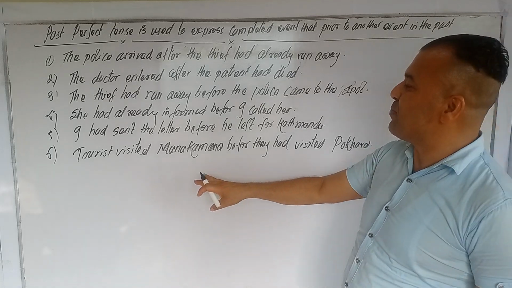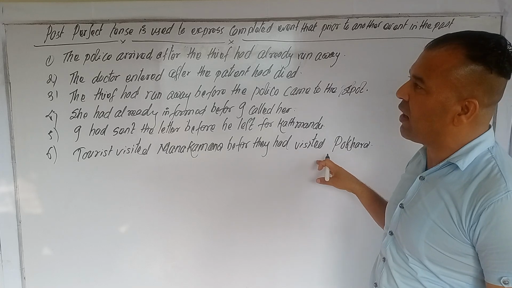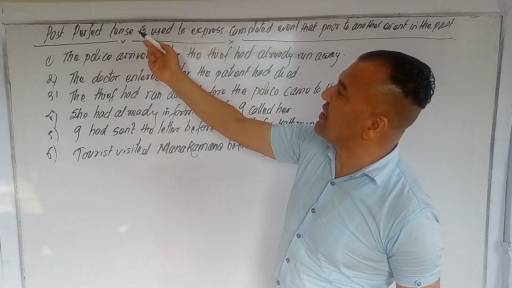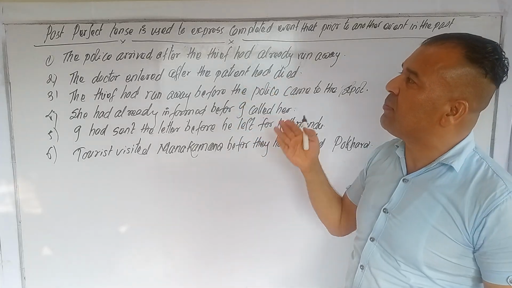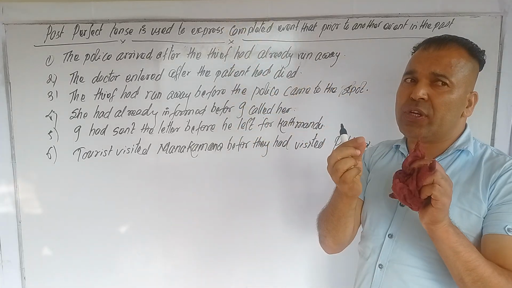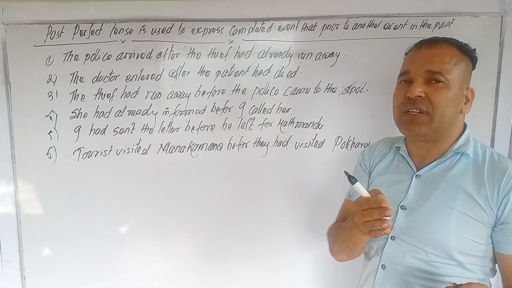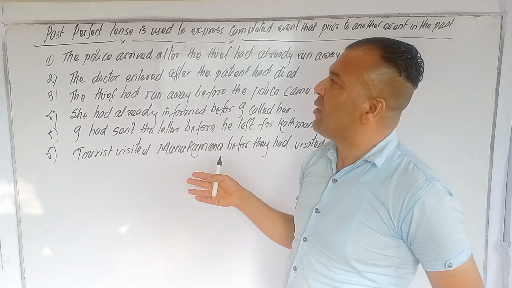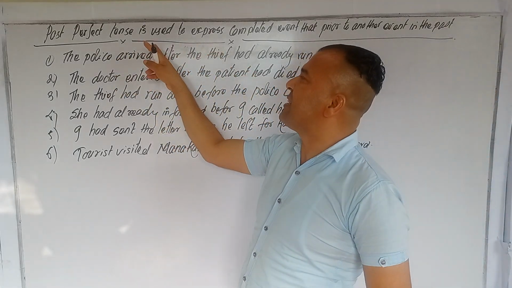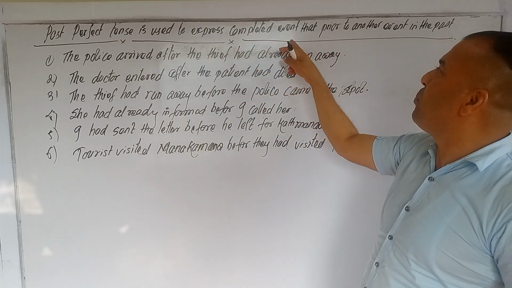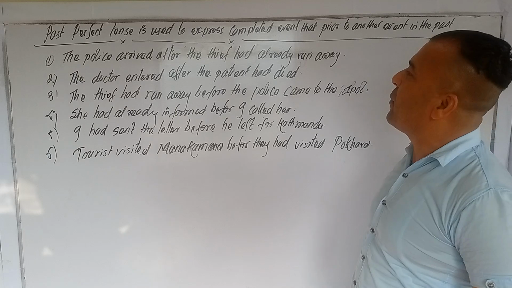Understand? Tourists visited Mugling before they had visited Pokhara. Past perfect tense is used to express a completed event, a little bit different. These two events, one event prior to another. The past, but a little bit different here. Past perfect tense is used to express a completed event that is prior to another event in the past.